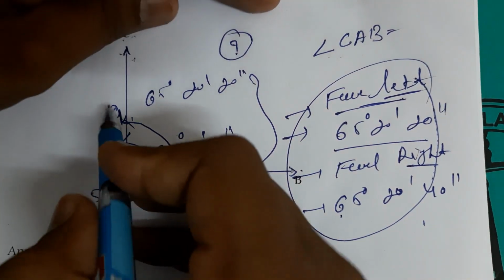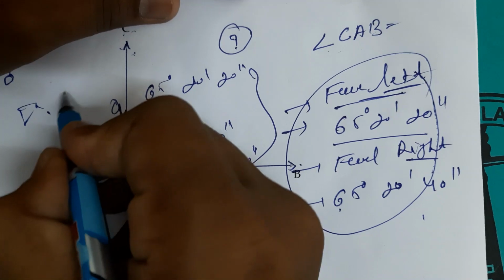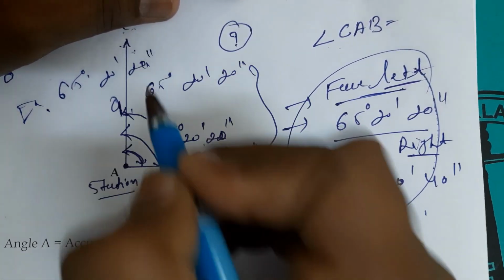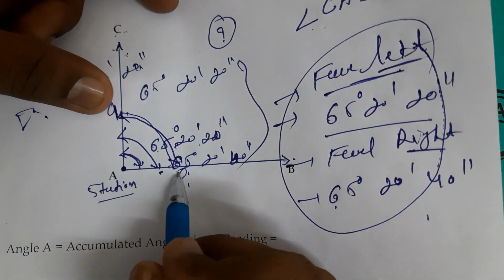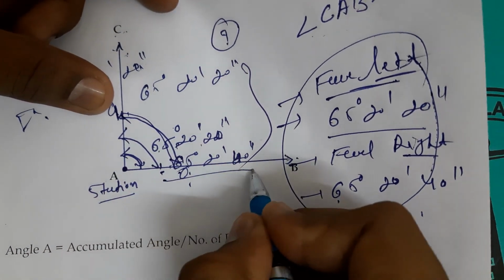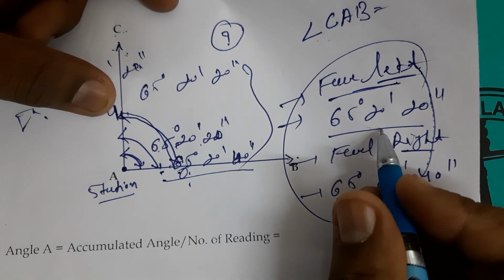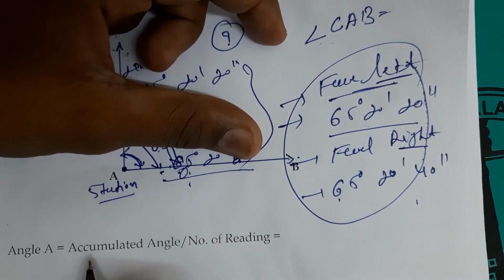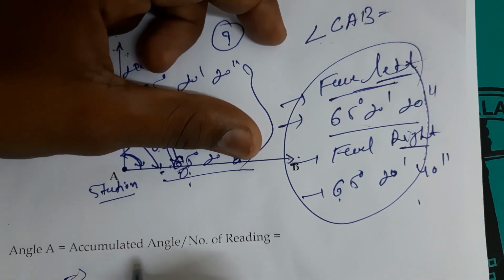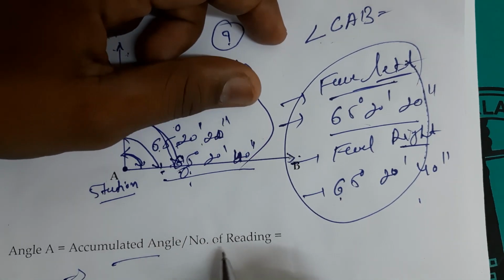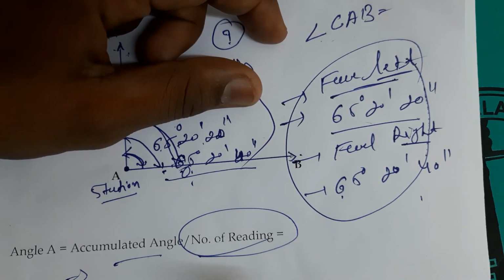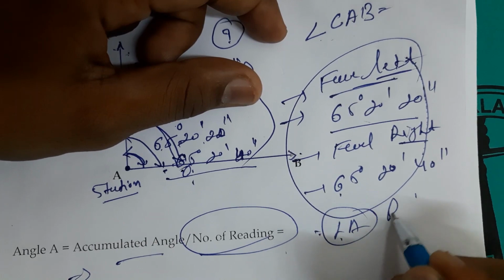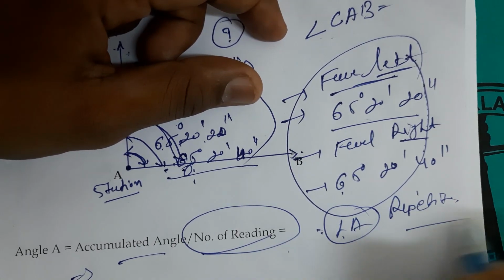Once you get that initial reading, it is 65 degrees, 20 minutes and 20 seconds, and when you measure here, you get the cumulative angle. After you find that, to get angle A you write your cumulative angle divided by the number of readings. That's true, and you get your angle A using the repetition method.